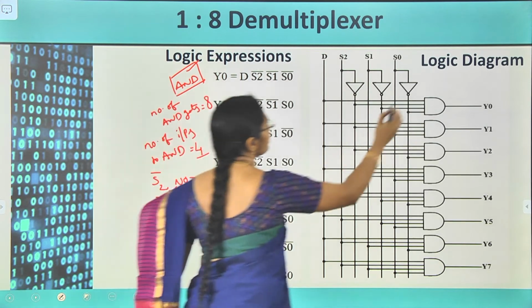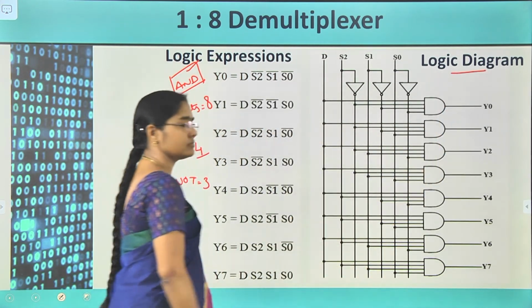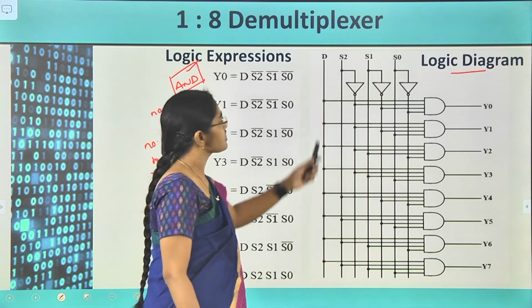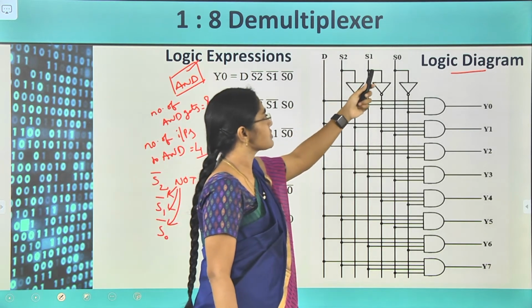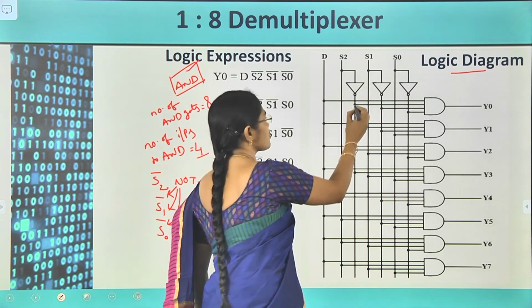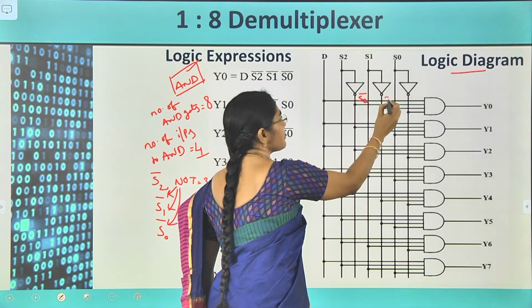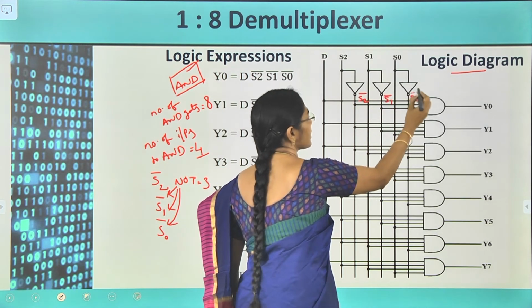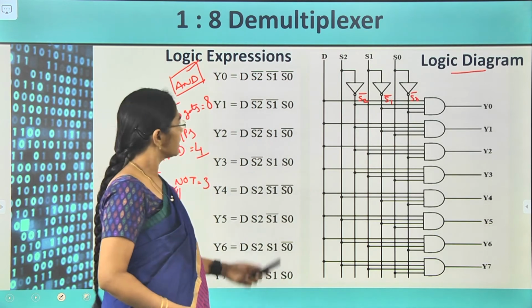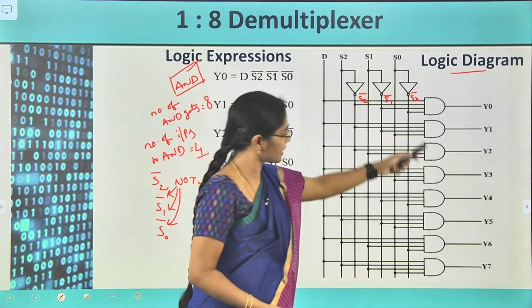The logic diagram is shown here: the D input, S2, S1, S0, with 3 inverters to get S2 bar, S1 bar and S0 bar, and then 8 AND gates are used.